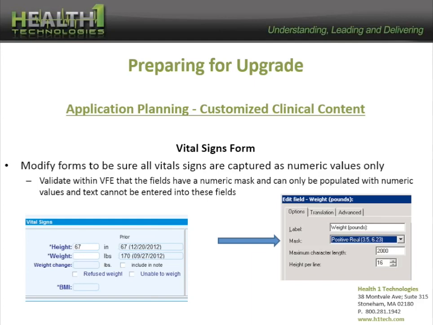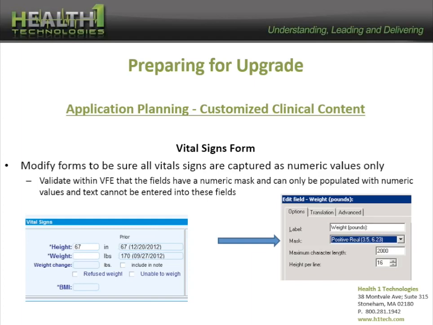They did change the requirements in stage 2 that height, weight, blood pressures, and BMIs have to be numeric values only. I would assume that if you already had these forms in place that you probably had some sort of mask on your form so that the user could not type in, for instance, 5-2 for a height, which is my real height, by the way.